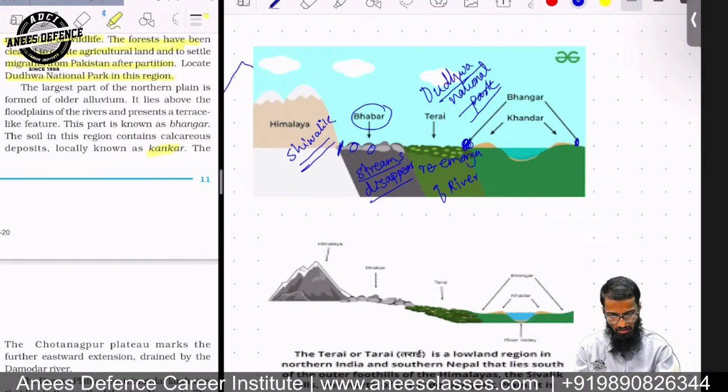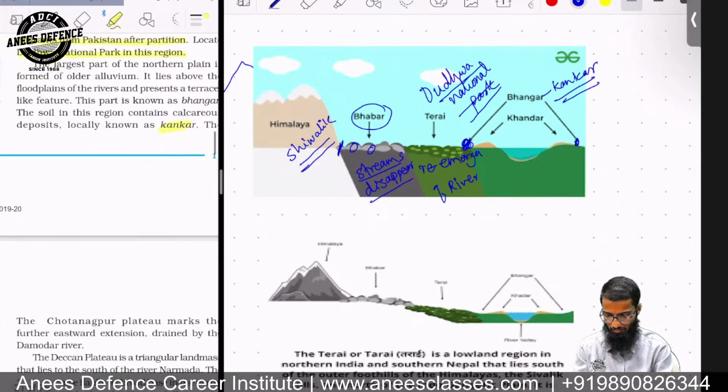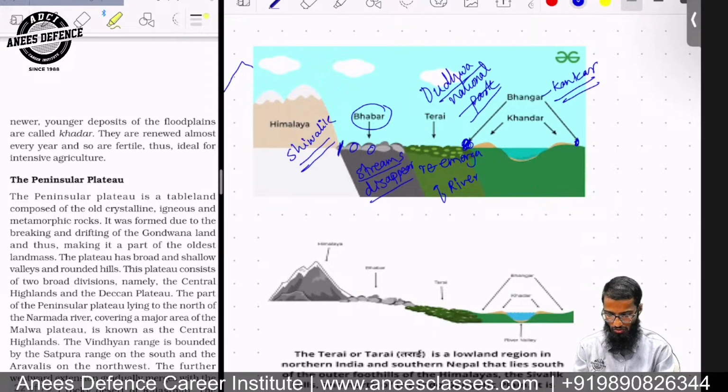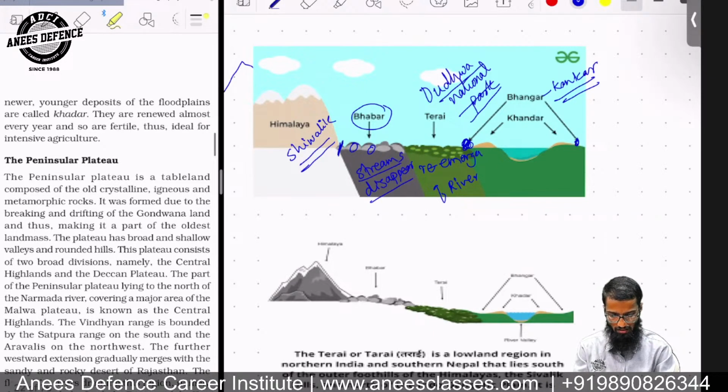So in the Bhangar region, we have Kankars. Is it clear? The newer deposits of floodplain are called Khadar.